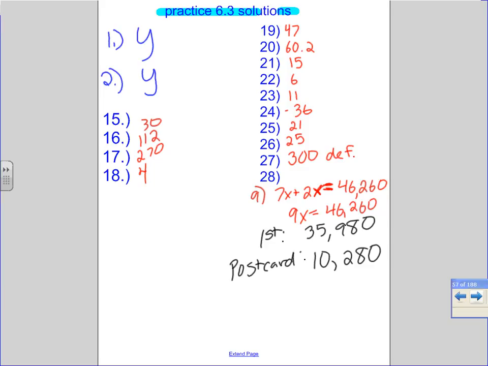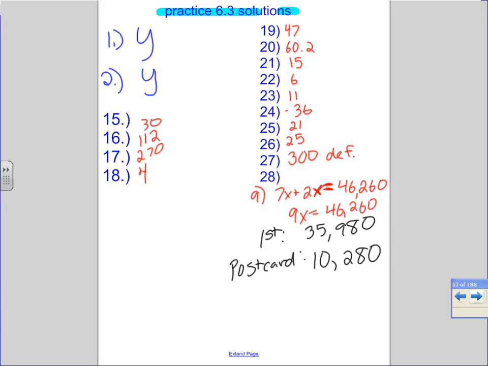So basically, you're given a ratio in this problem because you know that for 7 first class stamps, 2 postcard stamps are sold. But knowing that does not mean that you use a proportion to set that up. You have to use an equation, because first at least, you need to figure out, okay, well, 7 times what plus 2 times what gives us the total.